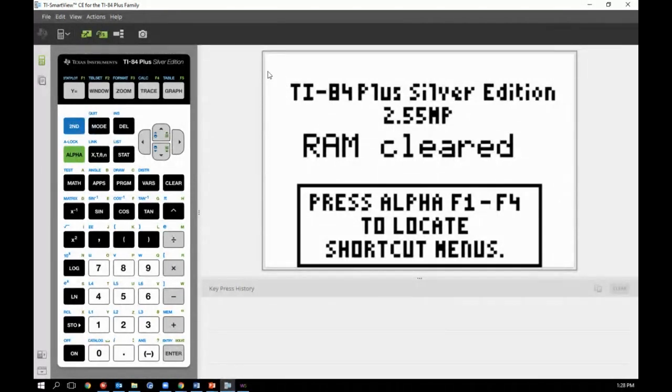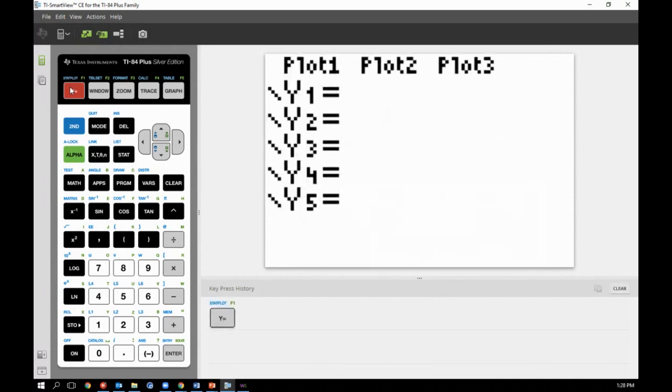Okay, so on your 84, we want to go to Y equals. We'll hit the Y equals button. And then to get the normal PDF, we have to hit second and VARS, which is right there below the arrow.